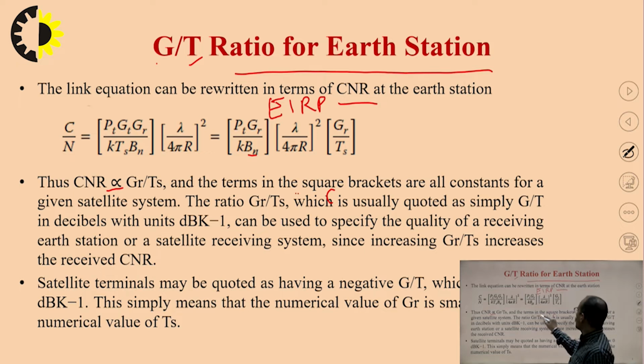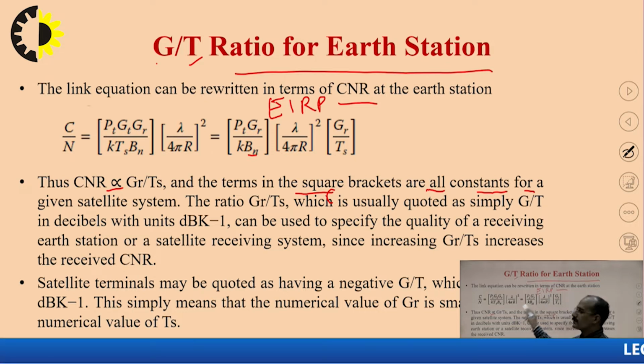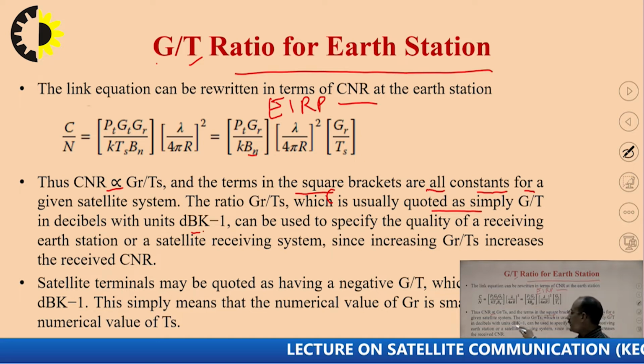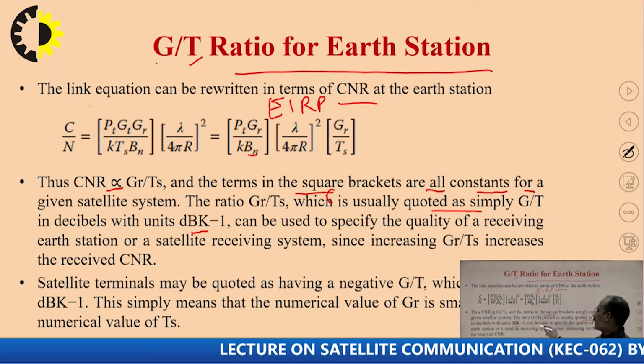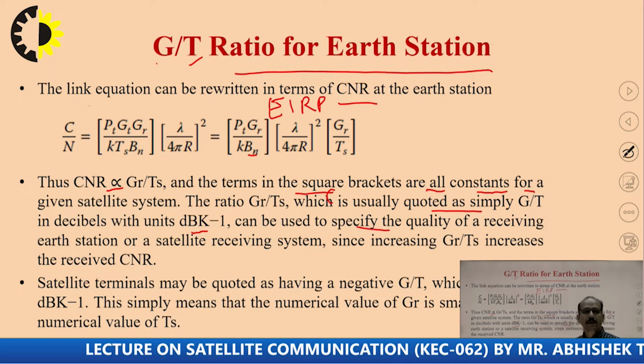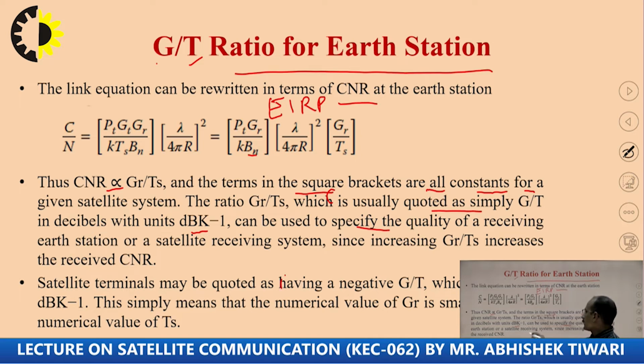The terms in the square bracket are all constant for a given satellite system. That's why the ratio GR by TS, which is usually quoted simply as the G by T ratio in decibels with unit dB K^-1, can be used to specify the quality of a receiving earth station or a satellite receiving system.